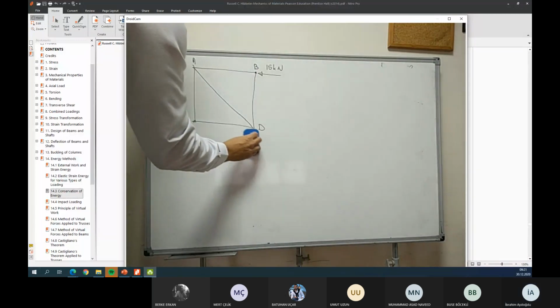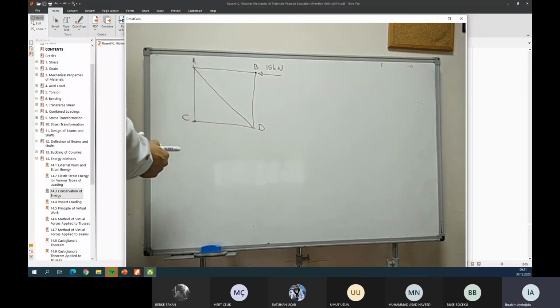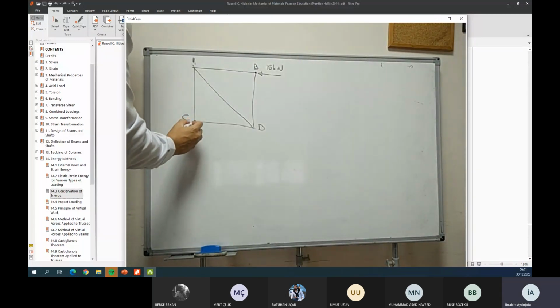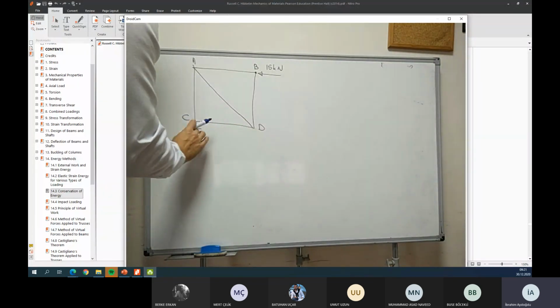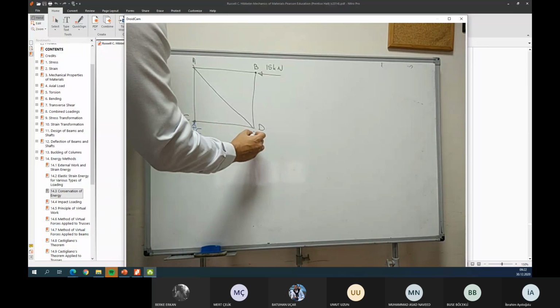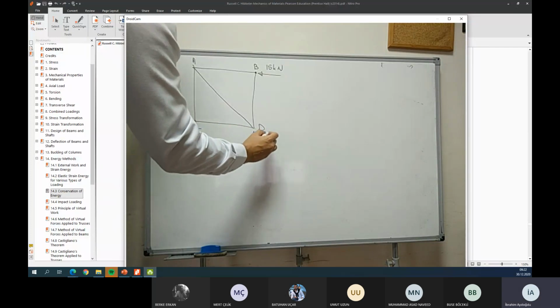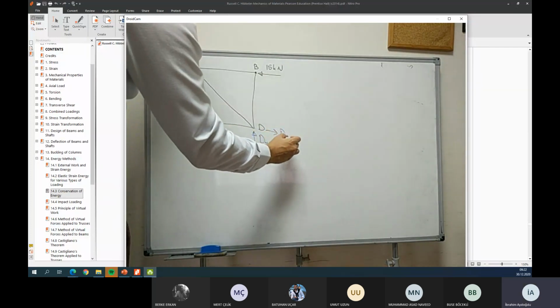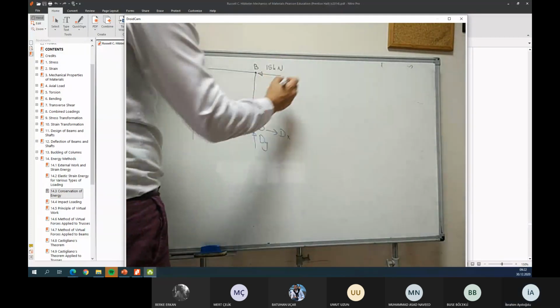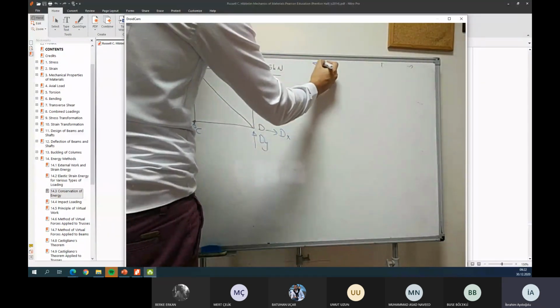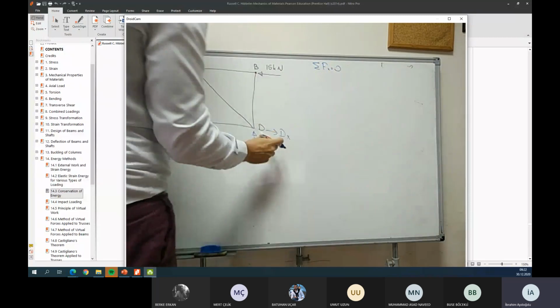First of all, I need to draw the free-body diagram. On the free-body diagram, I write just the forces. This is the force C, and this is D1 and Dx. You can see sigma Fx equal to 0.